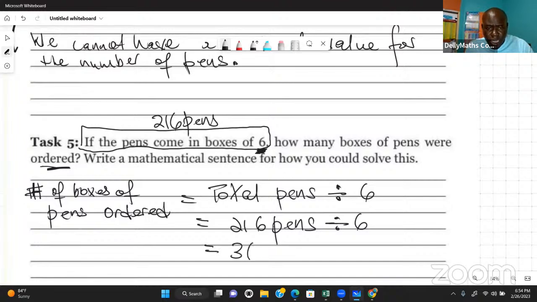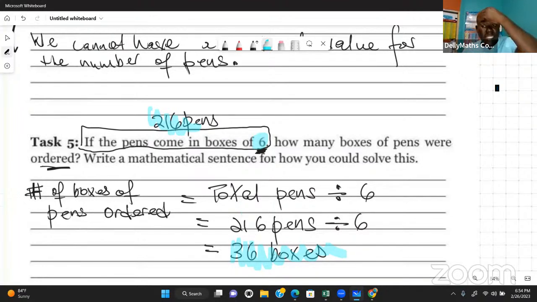And you're going to get 36. So 216 divided by 6 gives you 36 boxes. Based on this if situation, they would have ordered 36 boxes, and that would have given them 216. So your mathematical sentence has to be a statement of truth, no biggie.